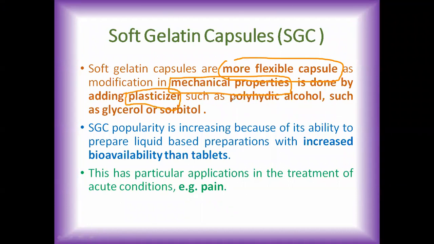We add plasticizers mainly from the category of polyhydric alcohols such as glycerol or sorbitol. So the flexibility imparted to the soft gelatin capsules is mainly due to the added plasticizers, which belong to the category of polyhydric alcohols such as glycerin and sorbitol.